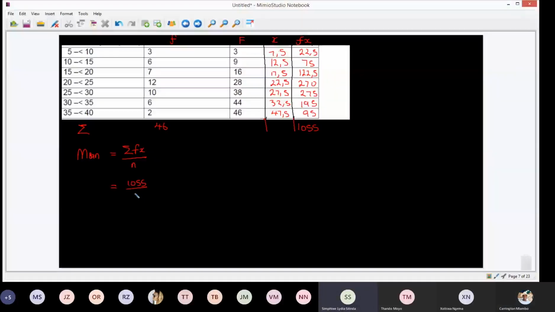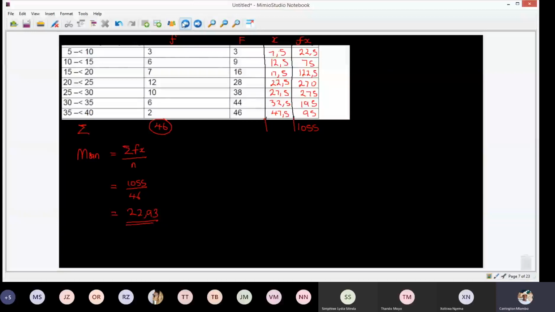What is n? It's 46. Your total frequency gives you your n. Then divide by 46, and you get 22.93. We are done with the first part.